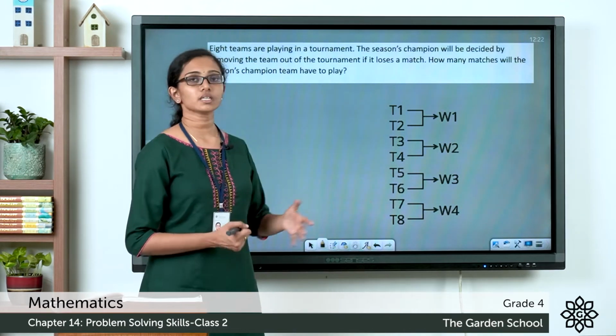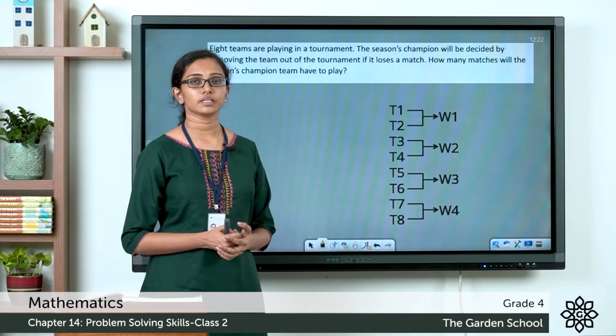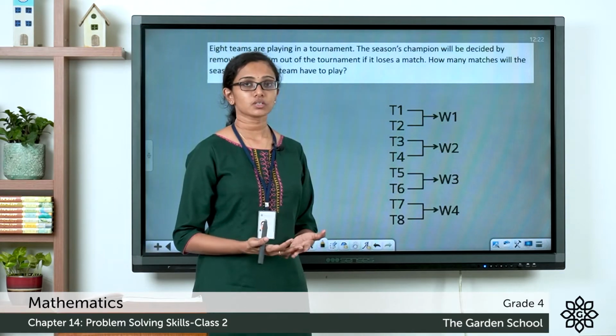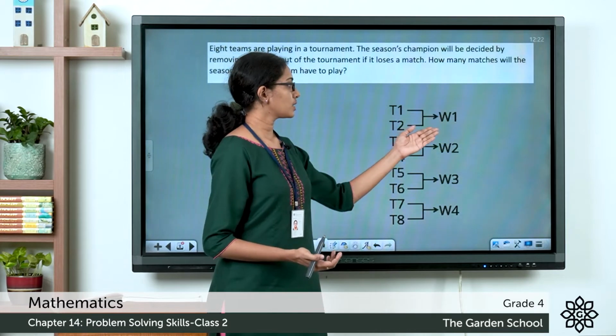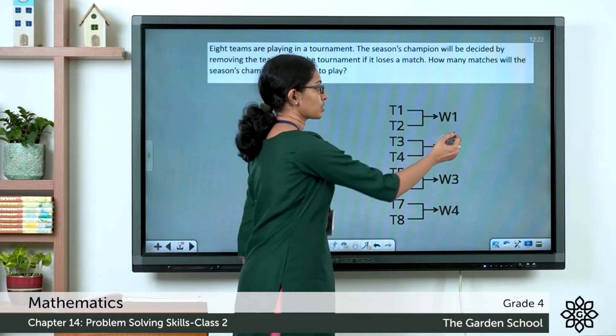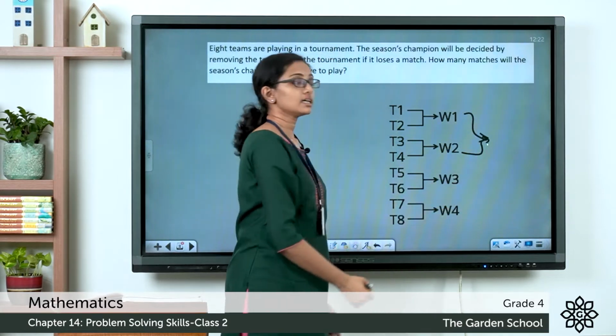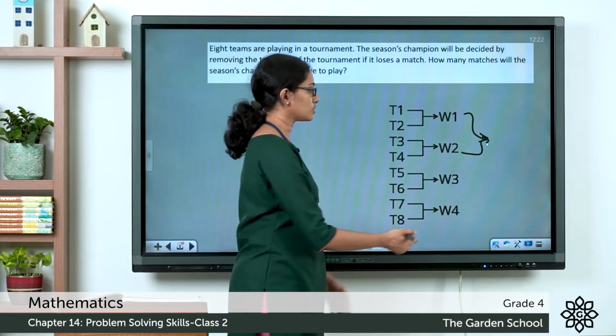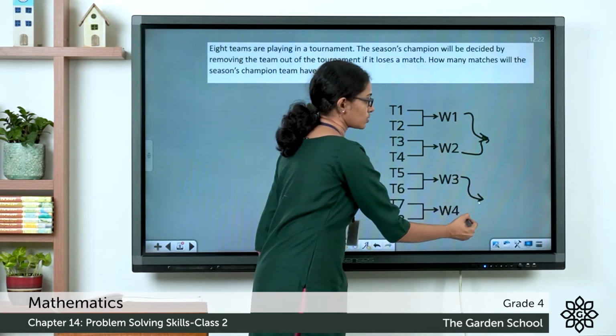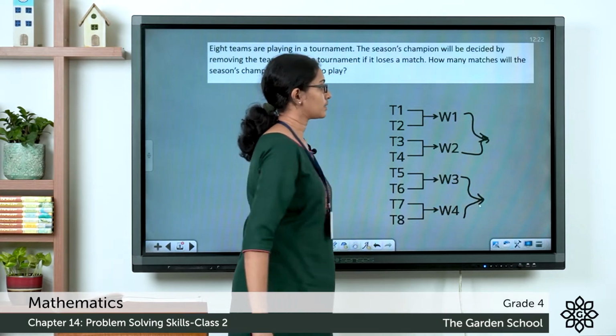Now these winners are going to play matches between each other. So now the next match, let it be between winner 1 and winner 2. So here also there will be a winner and let the next match be between W3 and W4. So here also there will be a winner.